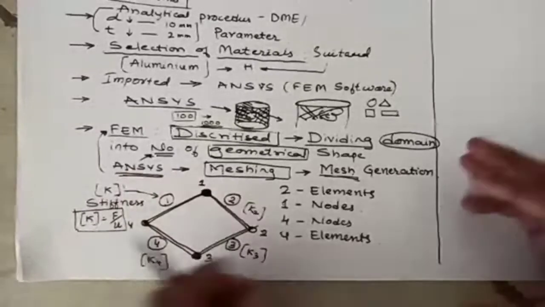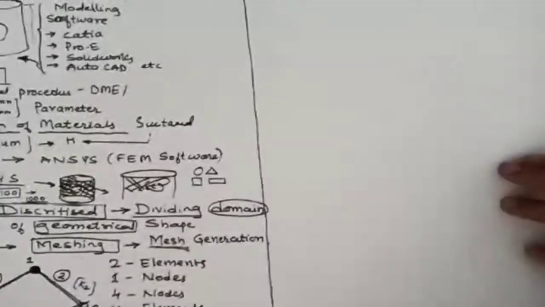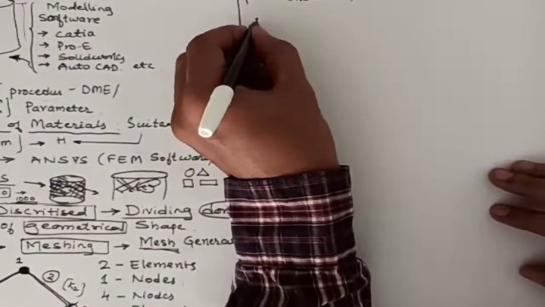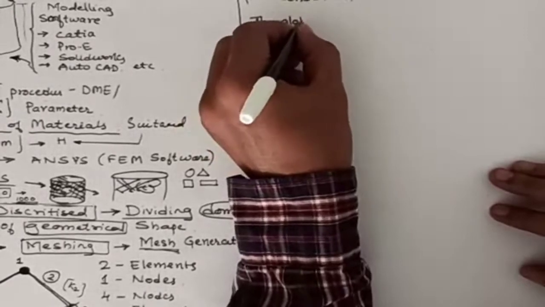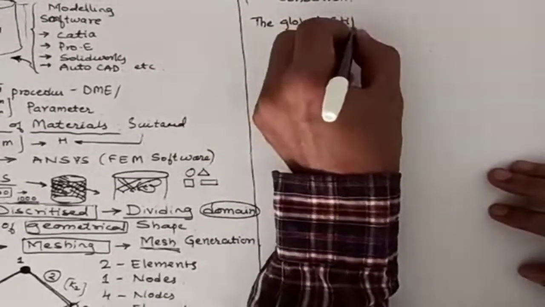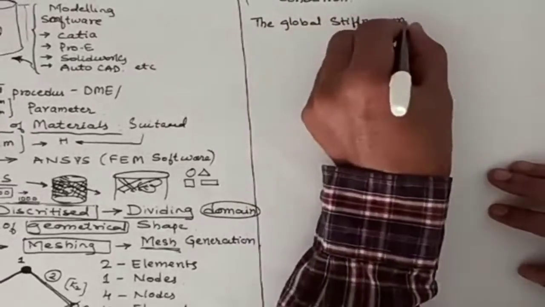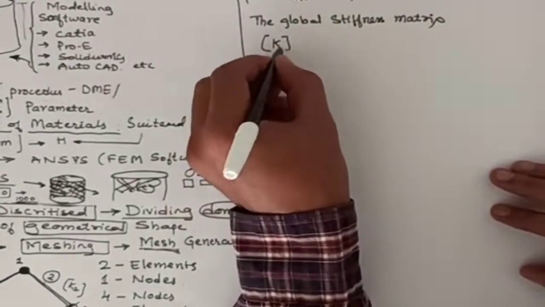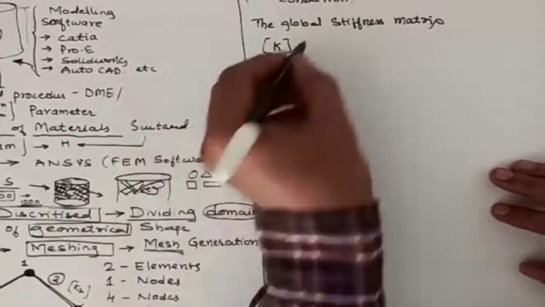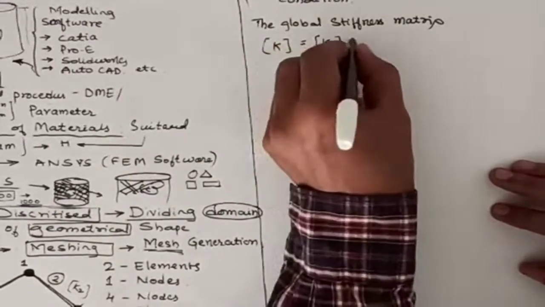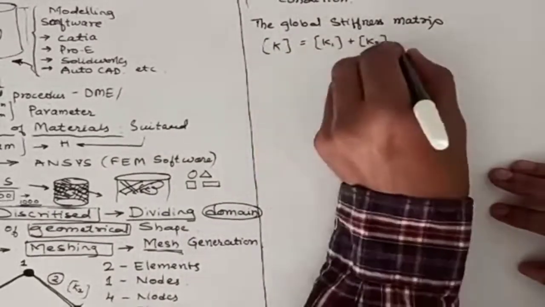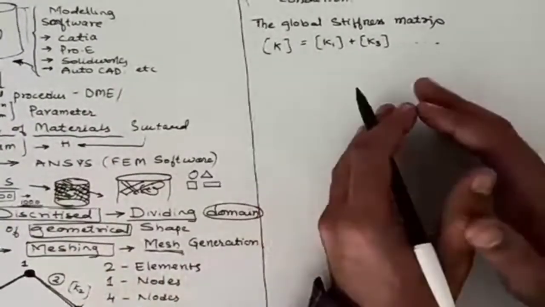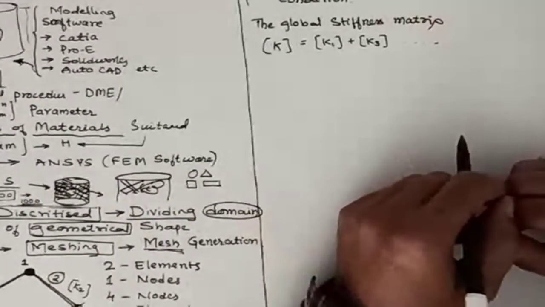Now you need to assemble all these using the global stiffness matrix. Before applying the boundary condition, we make the global stiffness matrix, where K is equal to the sum of all the stiffness, that is K1 plus K2 plus K3, etc. Global stiffness is nothing but assembling all the stiffness matrices.